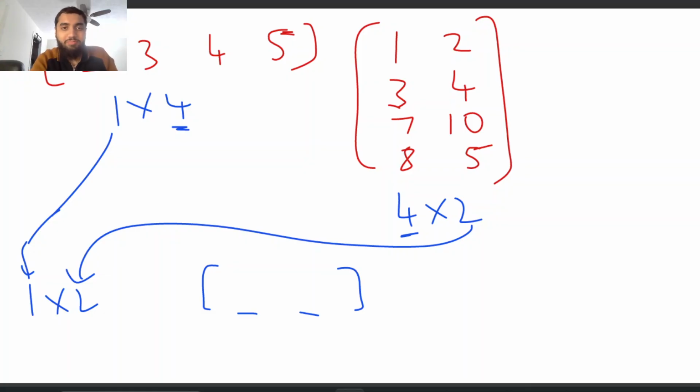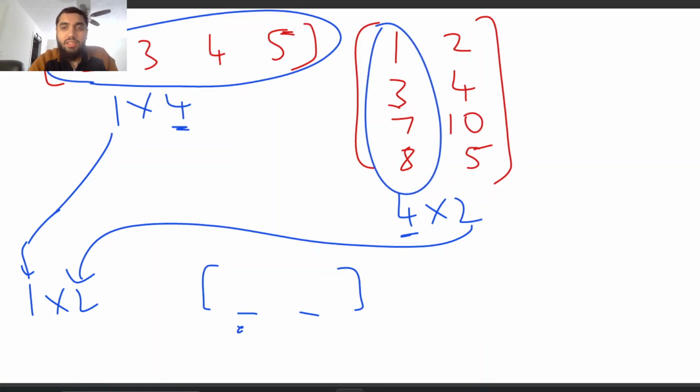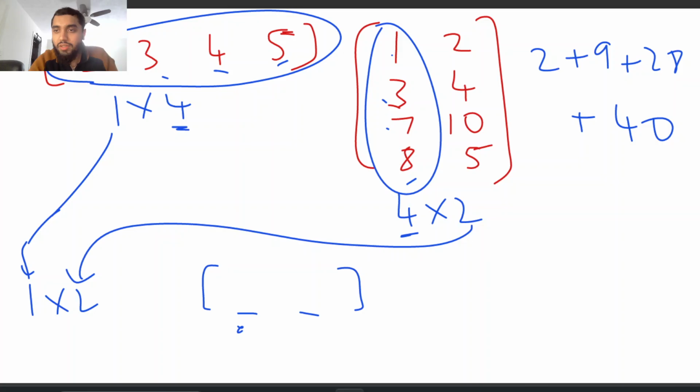Let's fill those in. For the first one, that's basically the first row and the first column. That would be this entire thing here and this entire thing here. Multiply them together, we would get 2 times 1, that's 2, 3 times 3, that's 9, 4 times 7, that's 28, and 5 times 8, that's 40.